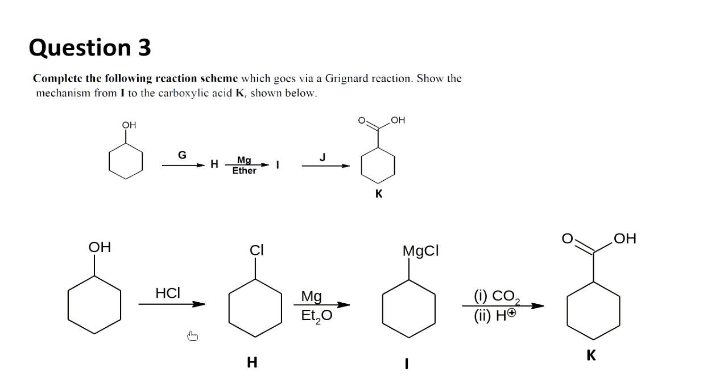Yes, you could have used HBr. Actually, it didn't have to be a chlorine. It could have been a bromide. We could have used PCl5. Excellent. Any other reagent we could have used? Okay, thionyl chloride, SOCl2.